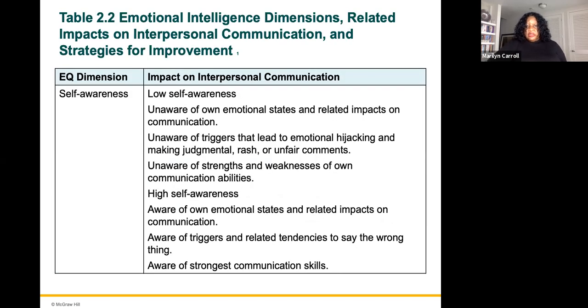Now, emotional intelligence submissions related to impacts in interpersonal communication and strategies for improvement. So self-awareness, impact on interpersonal communication. Low self-awareness: unaware of your own emotions, states and related impacts on communication, unaware of triggers that lead to emotional hijacking and making rash or unfair comments, unaware of strengths and weaknesses of your own communication abilities.